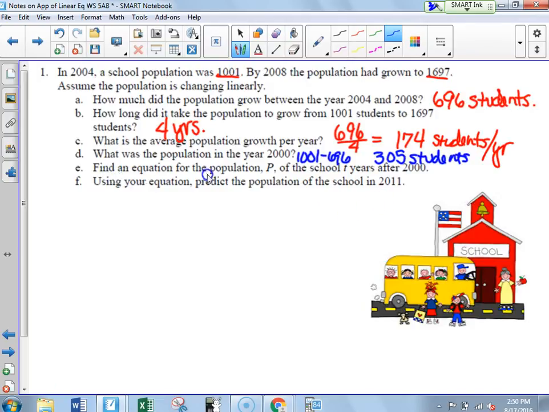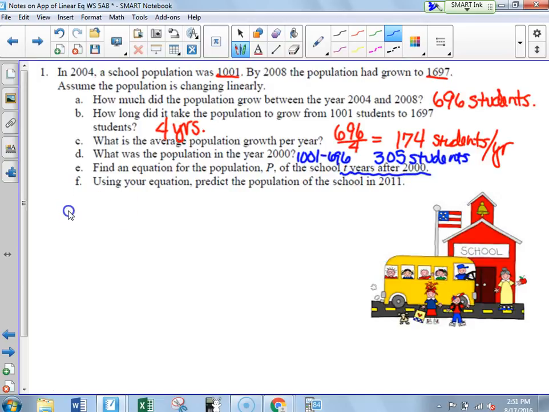All right. Find an equation for the population P. Some of these problems assign a different letter for X and Y. I'm going to tell you right now, I'm not picky. If you want to write Y equals in terms of X, I'm not going to mark it wrong because he didn't use P. But it does say this is a little important. T years after 2000.